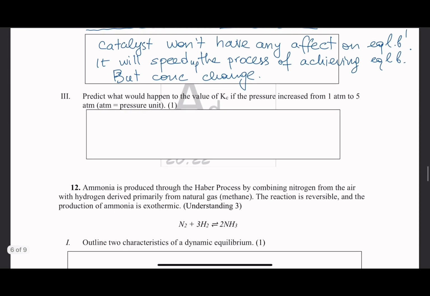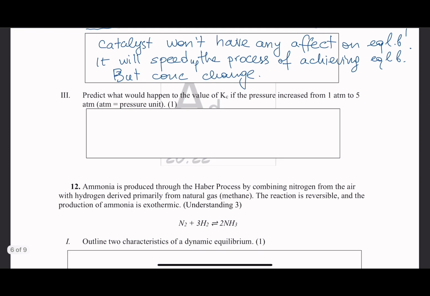Then we go to predict what would happen to the value of Kc if the pressure increased from 1 atmosphere to 5 atmospheres. We talked about this: Kc is only affected by temperature.